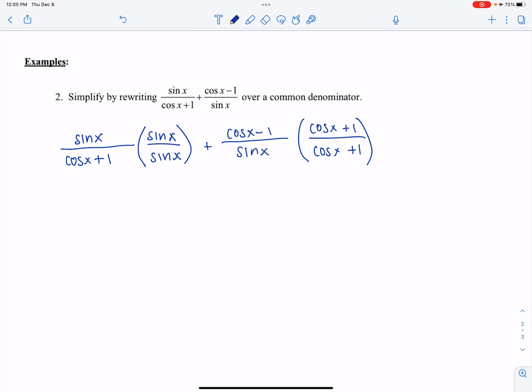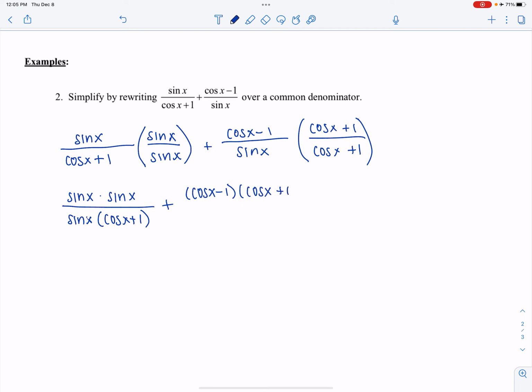So we have sine x times sine x over sine of x times cosine x plus 1, plus cosine x minus 1 times cosine x plus 1 over sine of x times cosine of x plus 1.